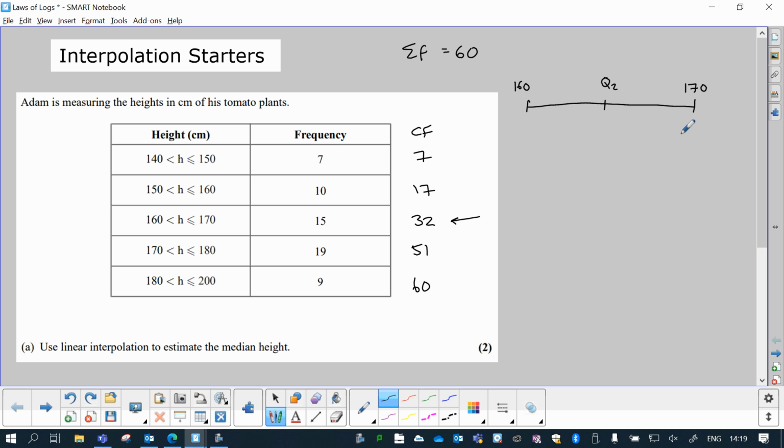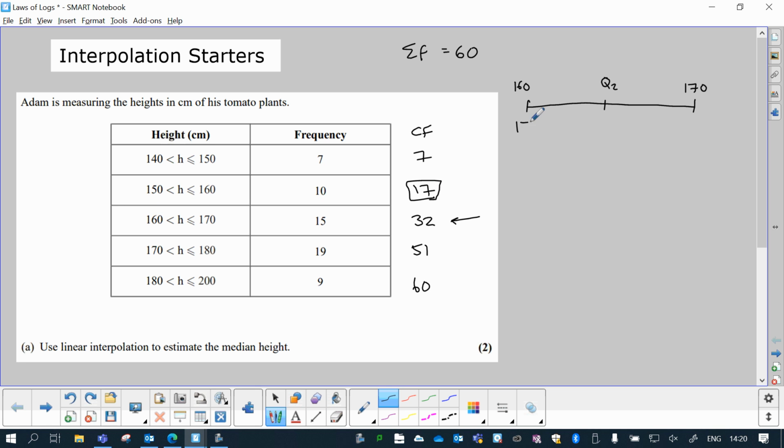Now the other aspect that I'm going to use on the other side of the line is cumulative frequency. I want to know what the cumulative frequency is when we get to the 160 value. So the cumulative frequency, when we get to 160, is 17. There have been 17 pieces of data collected before we got to the class that starts at 160.